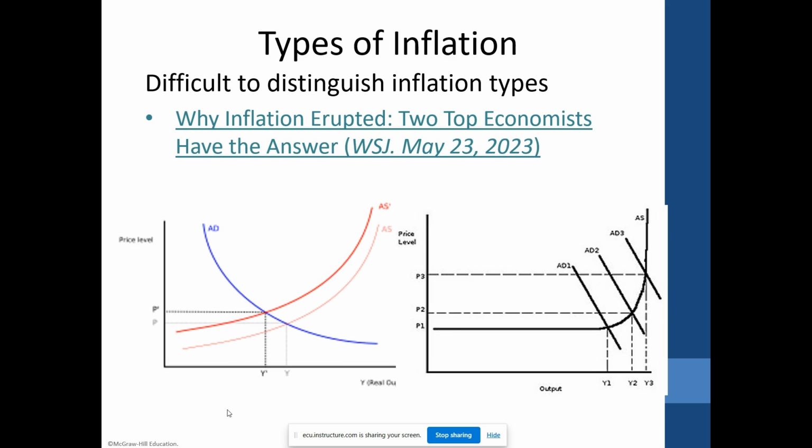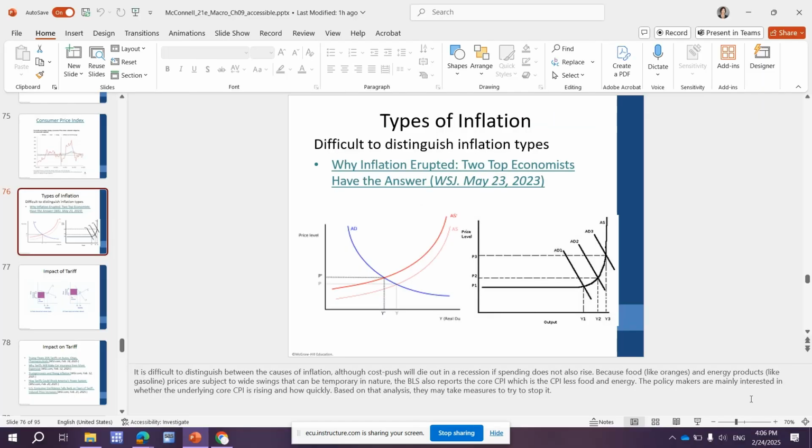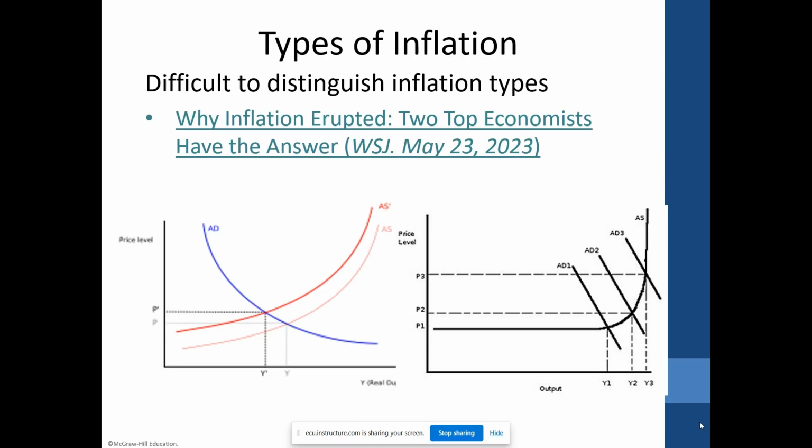Graphically, the left figure shows what happened. The costs of production increase and therefore supply decreases. Shift to the left-hand side.